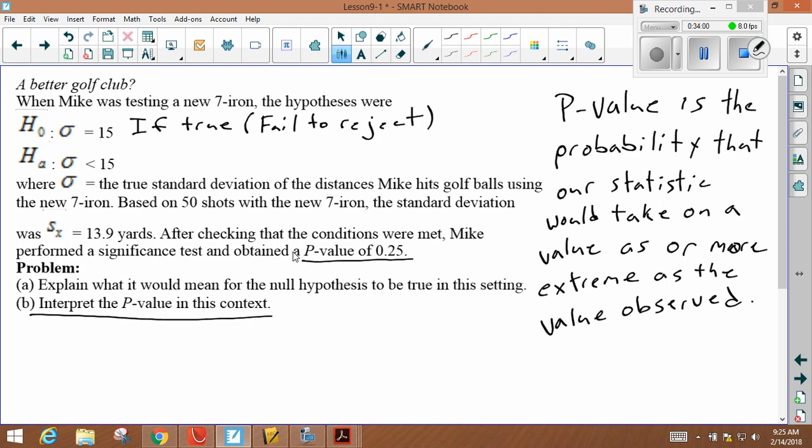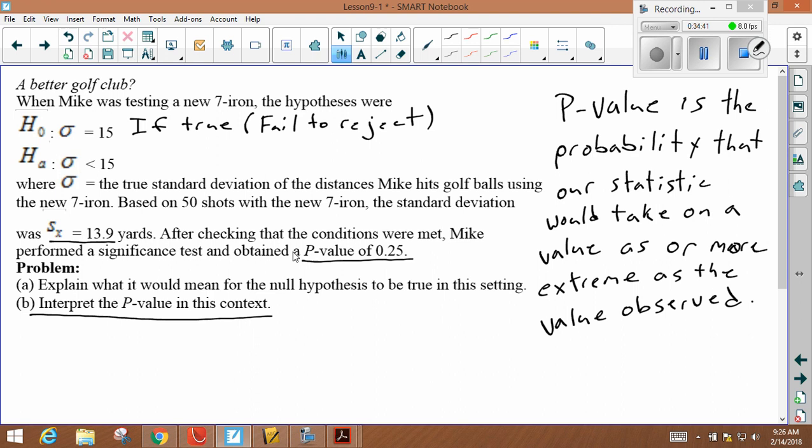So if you take those 50 shots, you find that there's only a 25% chance that you would get a value this extreme, would you say that that's convincing evidence that he needs new clubs? Would you say that it's convincing evidence that his actual standard deviation using the new clubs is different from, or less than rather, 15?